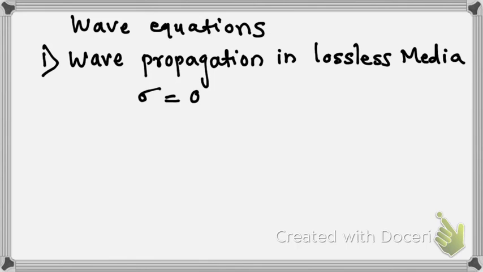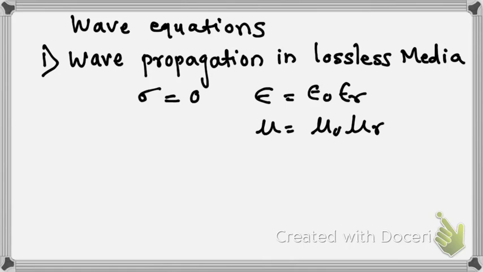Sigma is equal to 0, and other parameters like epsilon is considered as epsilon naught into epsilon r, and mu is considered as mu naught into mu r. And we have seen this ratio sigma divided by omega into epsilon.